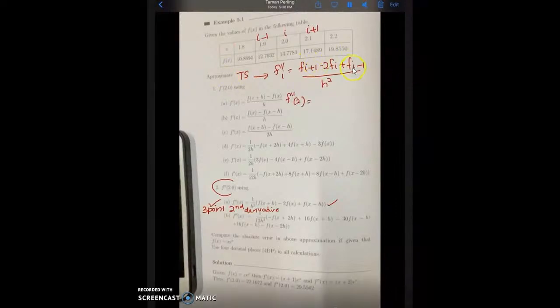So I put f prime prime of 2 is f i plus 1, the forward, 17.1489, minus 2 f i, the point we want, 14.7781, plus f i minus 1, at the back, 12.7082, divided by h squared. h is 0.1, squared you get 0.01. So the answer, pressing your calculator, for the second order derivative is 29.5900, a positive value.